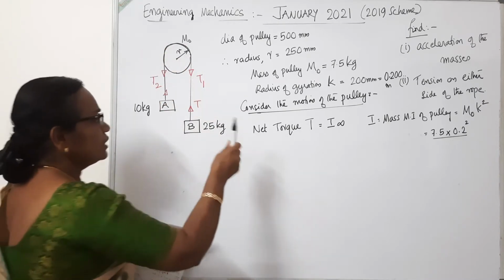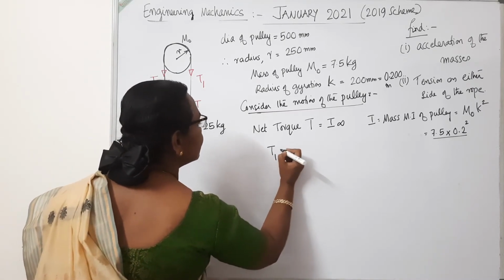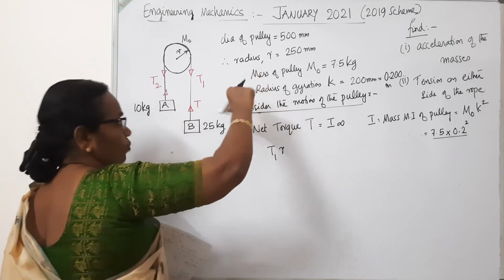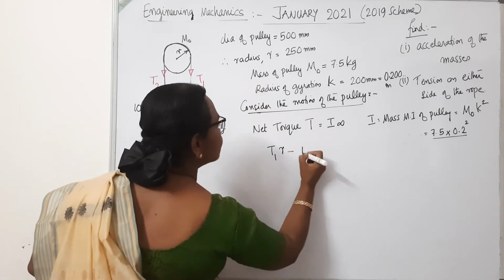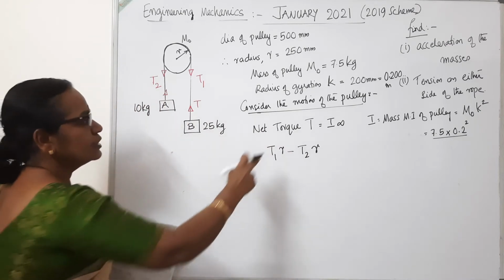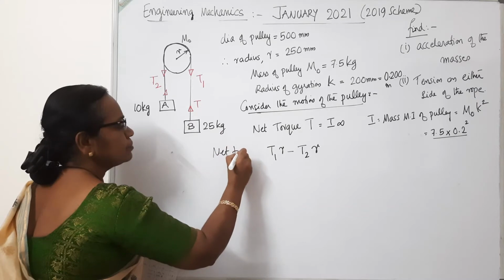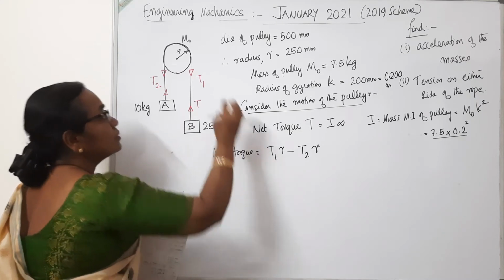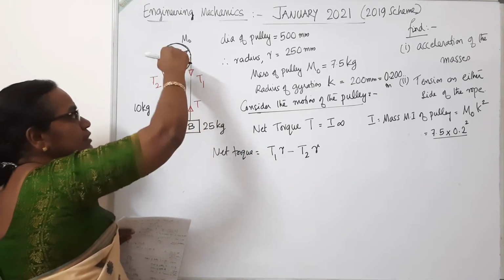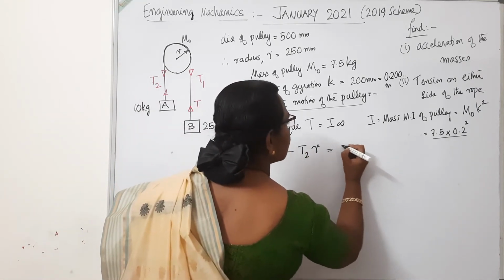So the net torque can be written as T1R, which produces a clockwise moment, minus T2R. This is equal to I alpha.